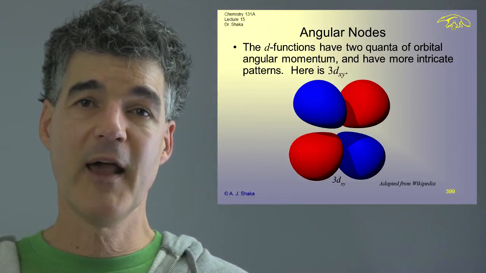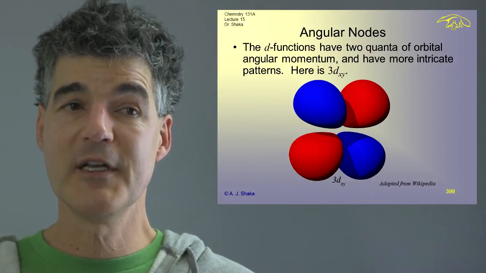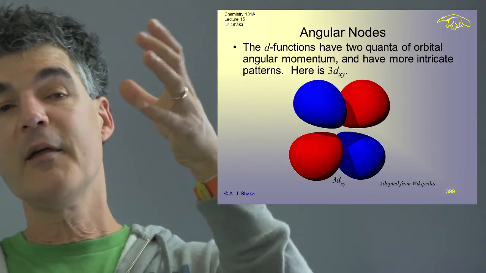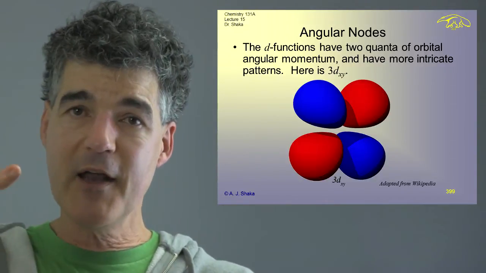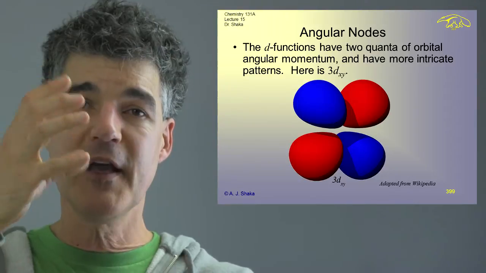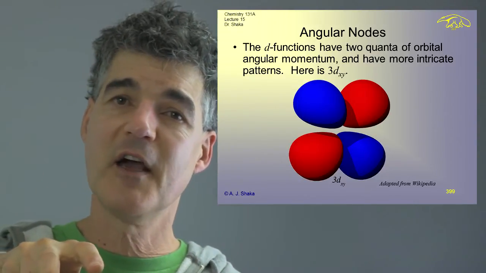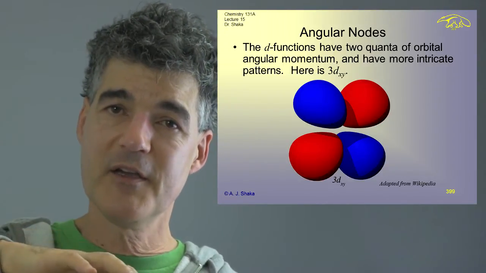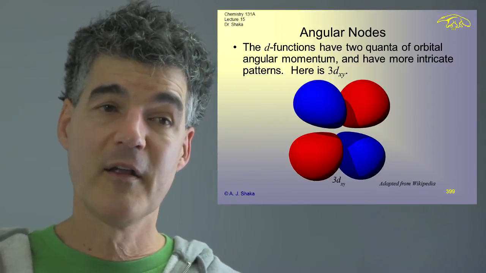We wrote them all out, but we didn't see exactly what they looked like. So here's 3dxy with these 4 nodes. And unlike p, the blue are across from each other and the red are across from each other. p changes sign when you rotate it 180 degrees. This d changes sign if you rotate it 90 degrees. And that's because it's 2 quanta of angular momentum and not 1.